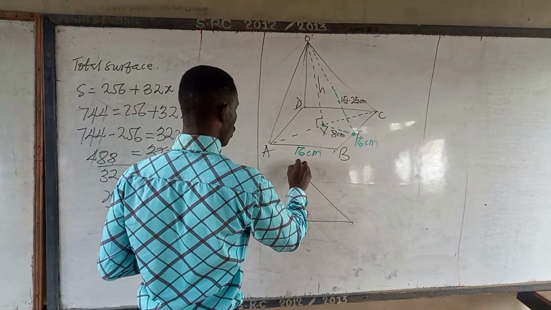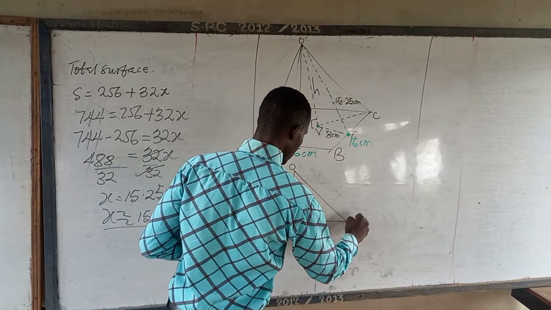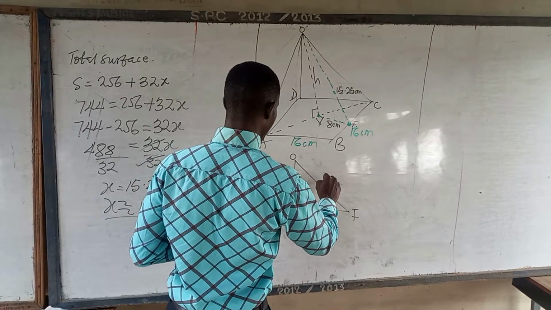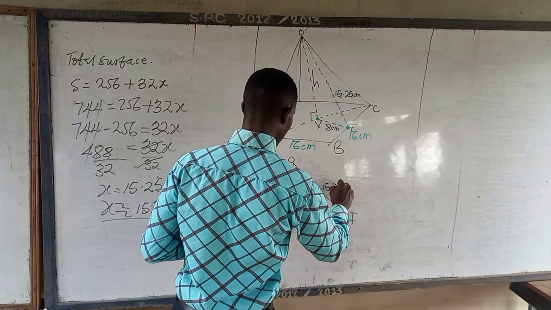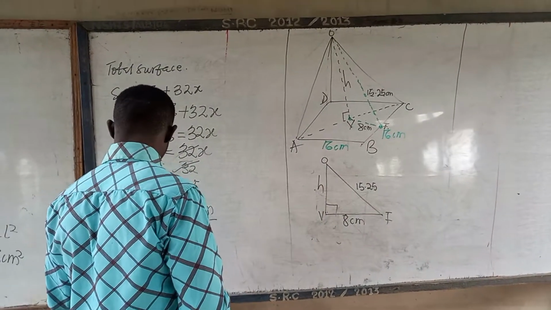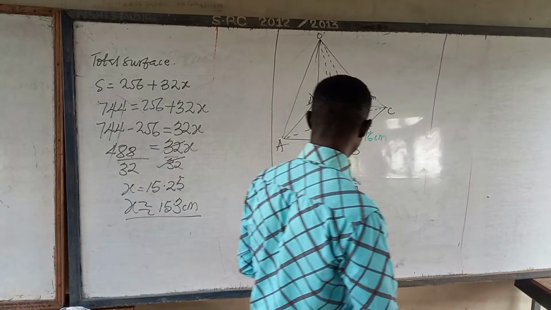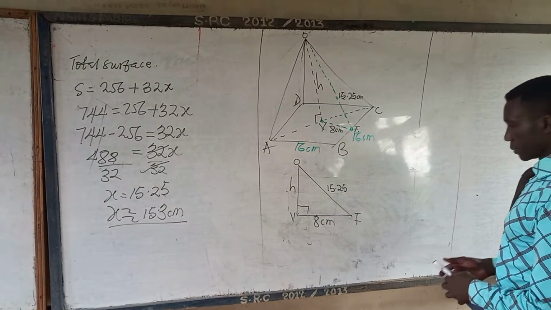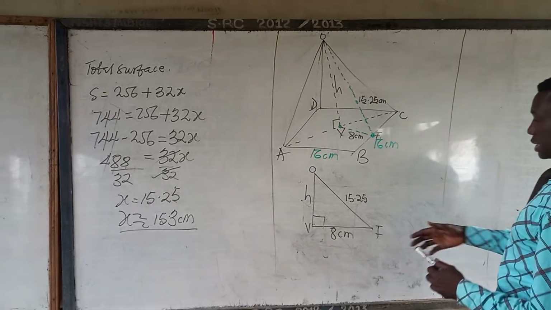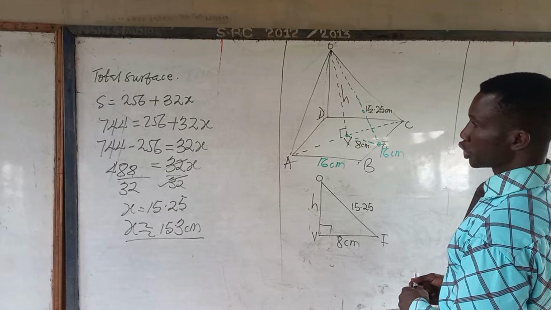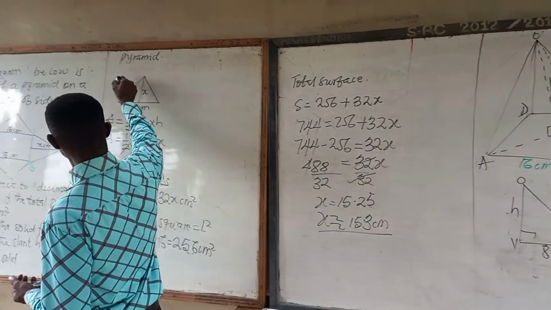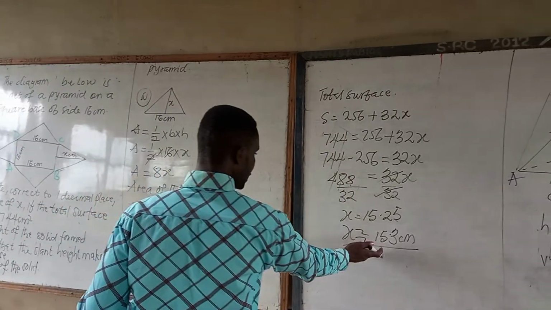This is OVF, with here 8 centimeters, with here 15.25, with here H. Now, applying Pythagoras theorem, it becomes easier to calculate for the H. This is A. The A started here and ended at this point.